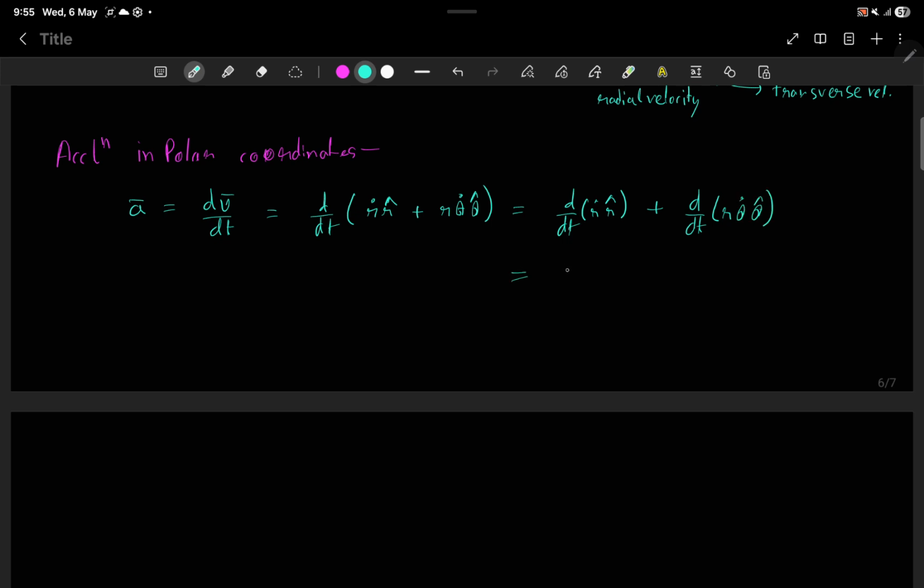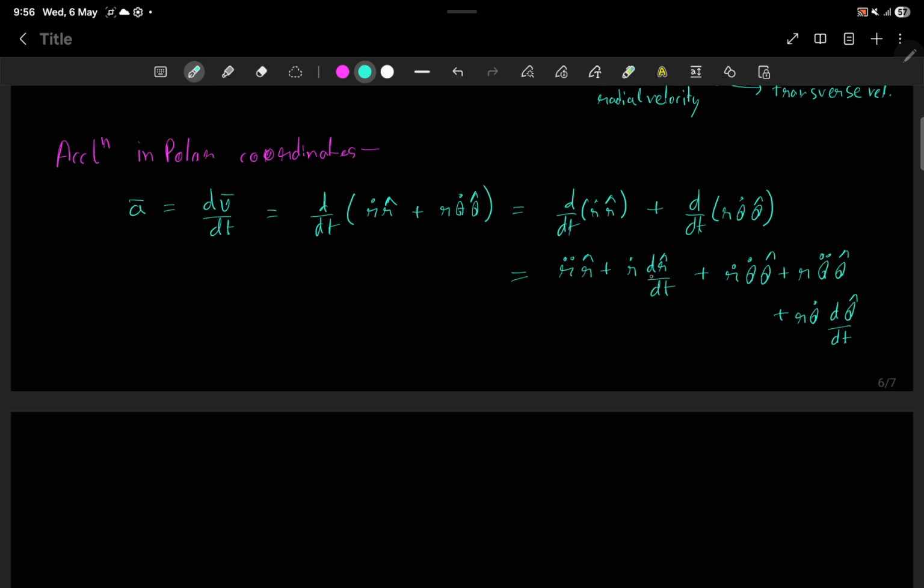So d r dot by dt, by the product rule, is r double dot r cap plus r dot dr cap by dt, plus, so I have three terms here. One by one I will do this: r dot theta cap plus r theta dot theta cap plus r theta dot d theta cap by dt.